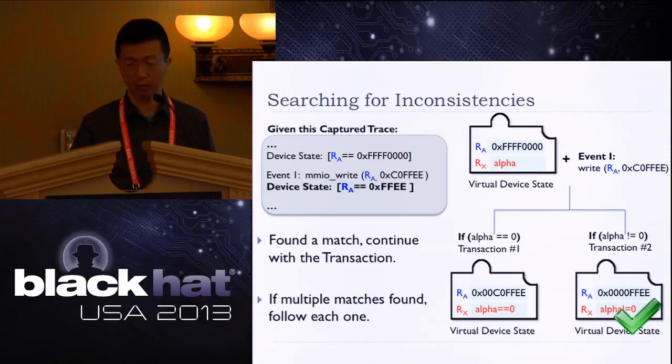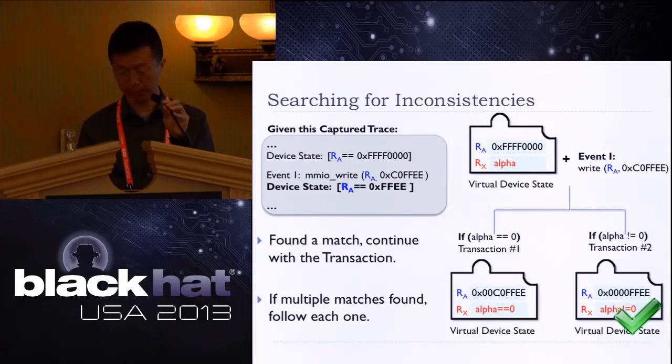So we continue. Also, if you have multiple paths that match, you're going to have to explore all of them. So that's basically the idea of symbolic execution. Even if you don't have all the concrete values, and you don't know for sure which path the virtual device is going, you can still explore it.